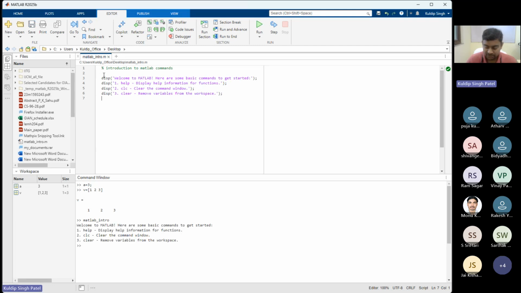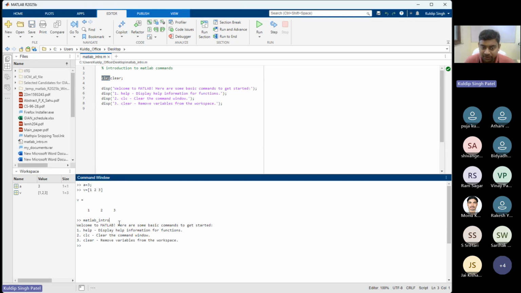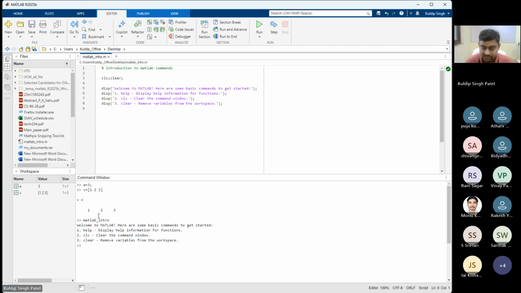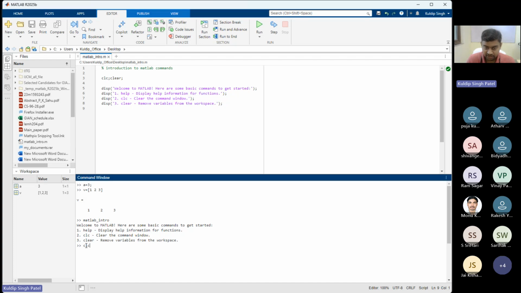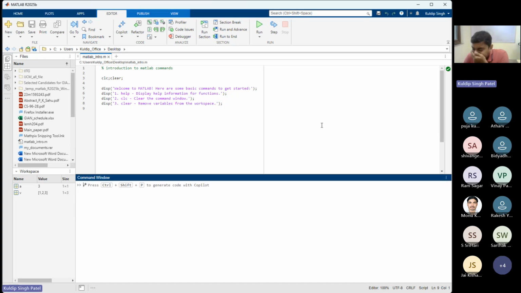And let me tell you one thing, that we usually use these two commands. What are they? CLC means you clear everything in the command window.